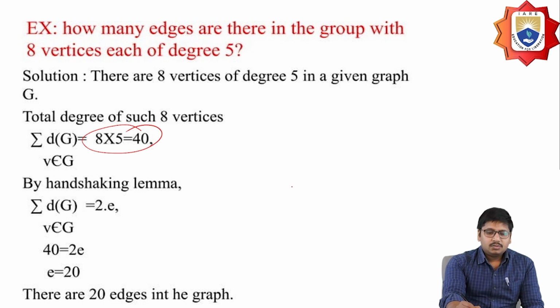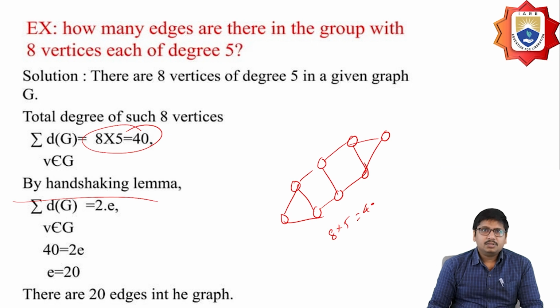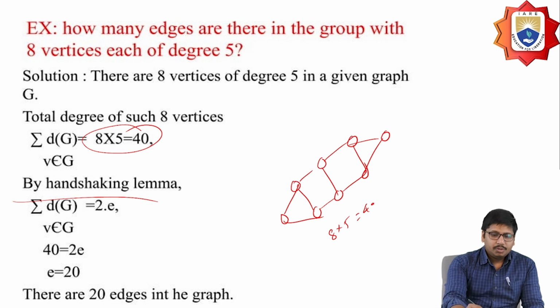By the handshaking lemma, the summation of degrees of the graph is 2 into e. So 2 into e equals 40, then e is equal to 40 divided by 2, that is 20.